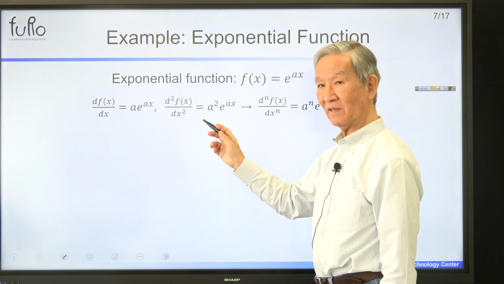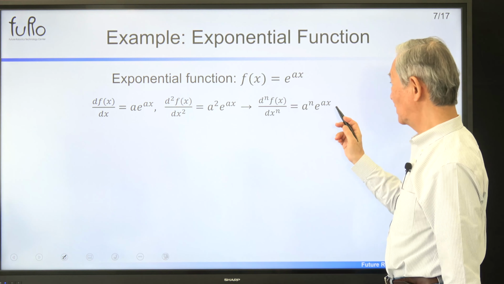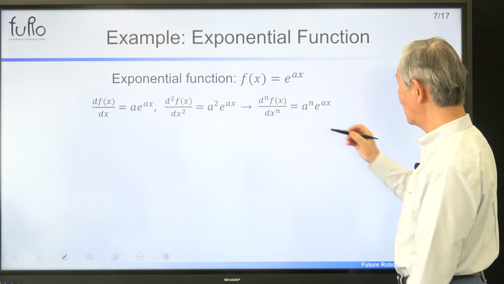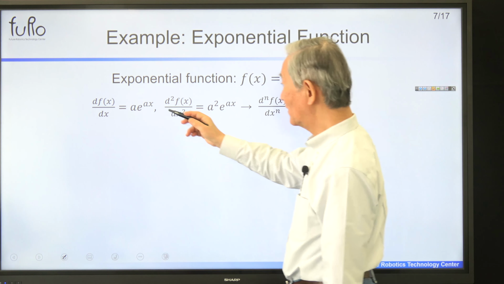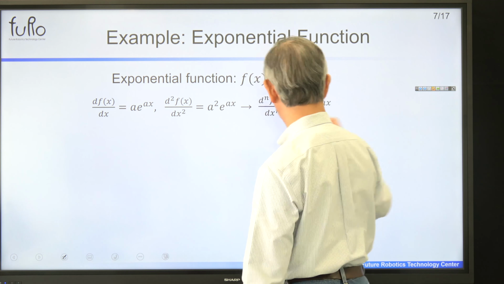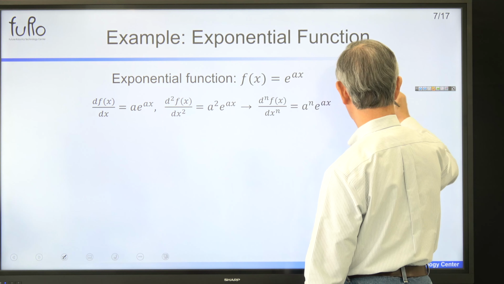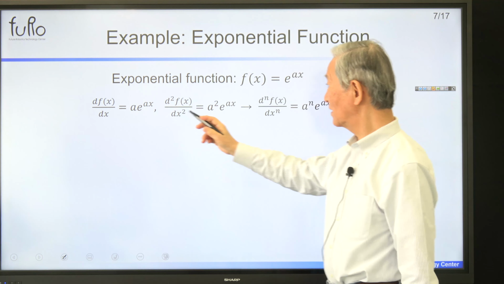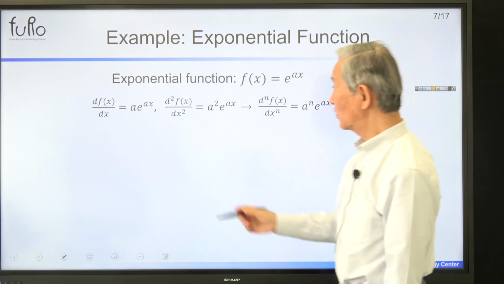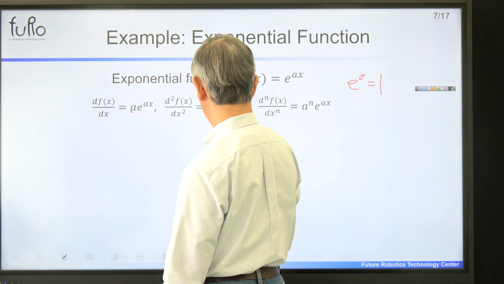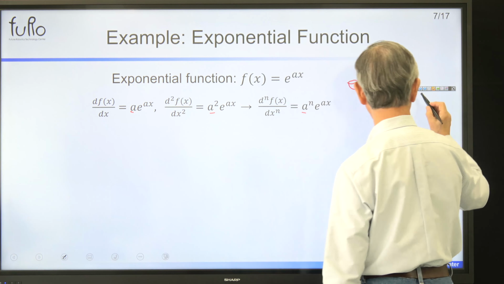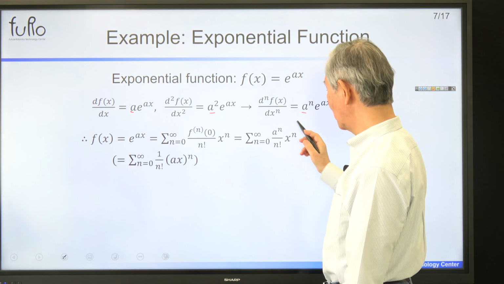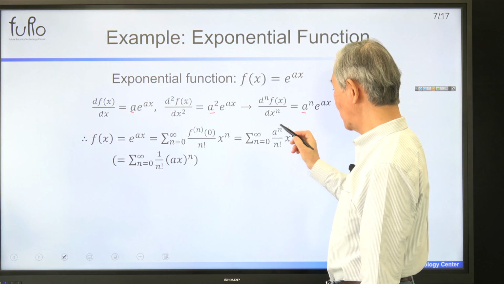Second derivative twice, so a squared. Nth derivative n times, so a to the nth power. So that's easy. And evaluated at 0, e to the 0th power is equal to 1. So consider that all those e terms drop. So you only have a squared, a to the n, and so on. So what happens is that this becomes that.